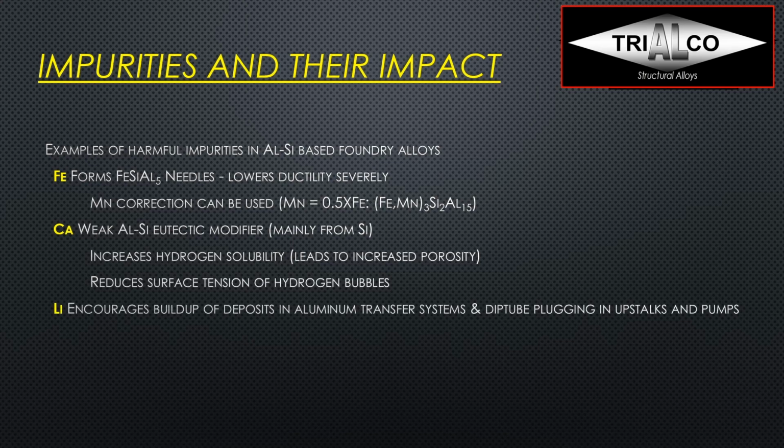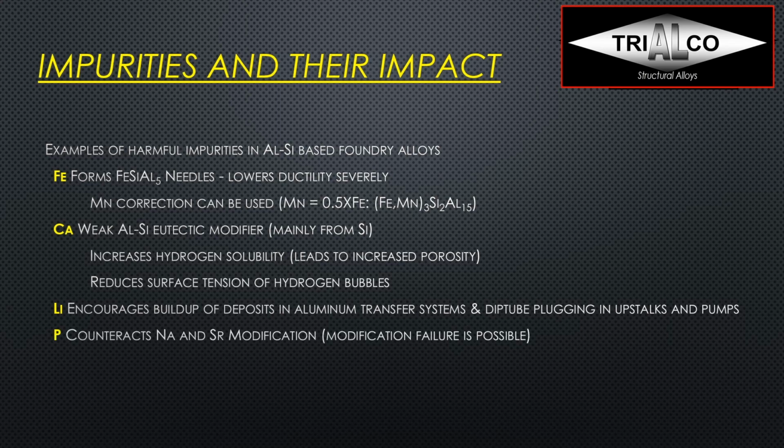Lithium, especially if we are, for example, a low pressure furnace, low pressure caster, it encourages buildup of deposits in the aluminum transfer system and dip tubes, plugging in upstocks like in low pressure furnaces or in pumps. So if we know this is a problem, we might want to limit this to a certain very small ppm level.